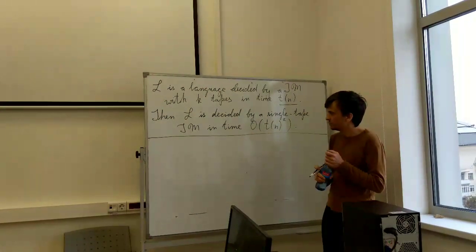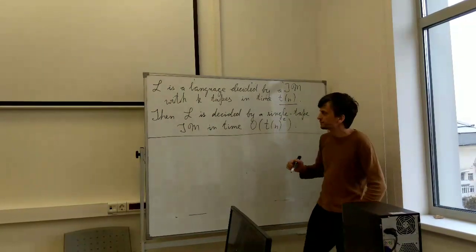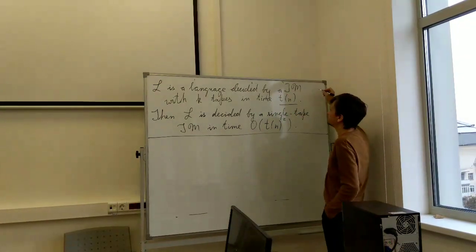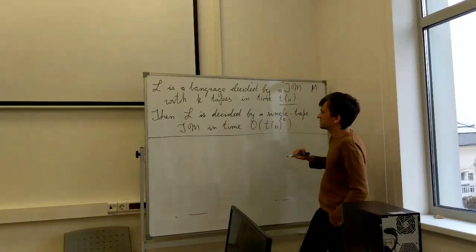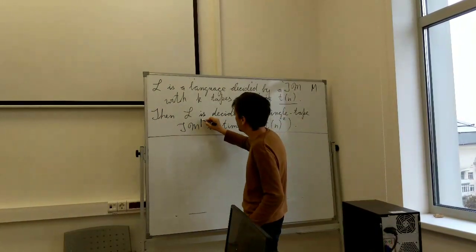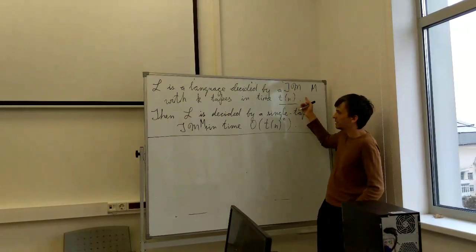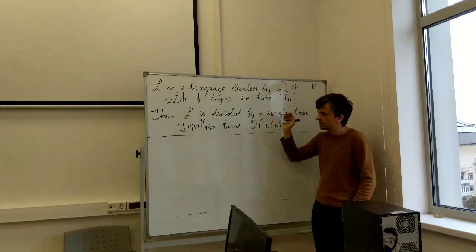So how do we do this? What we need to do is to simulate this machine. Let's call it M. And let's call this one M1. We need to simulate M by M1. M has k tapes.